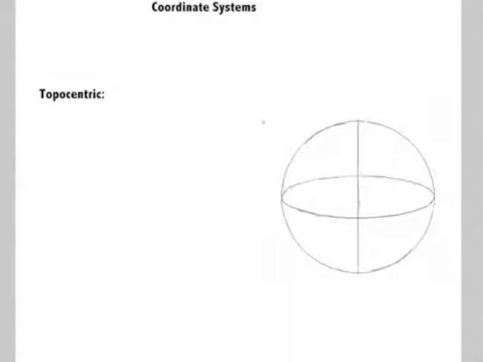These are observer-dependent coordinates. They're given by z equals up, x equals east, and y equals north.